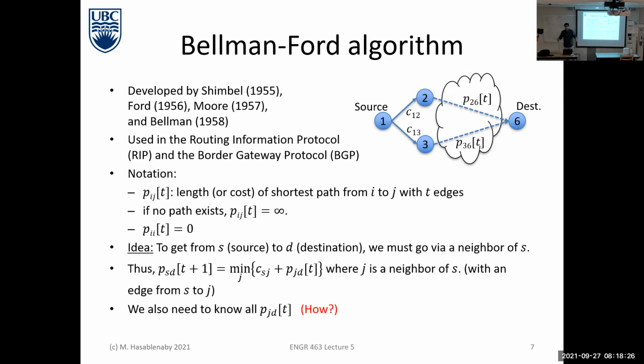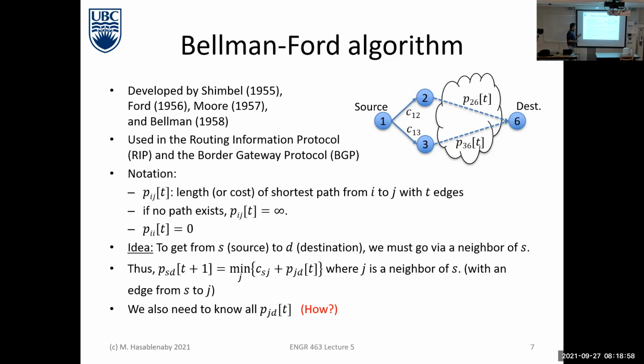This is the main objective of this lecture. So we want to explain the Bellman-Ford algorithm, which, as I told you, is the simplest routing algorithm. It enables us to find the shortest path, or the minimum cost path, to the destination.